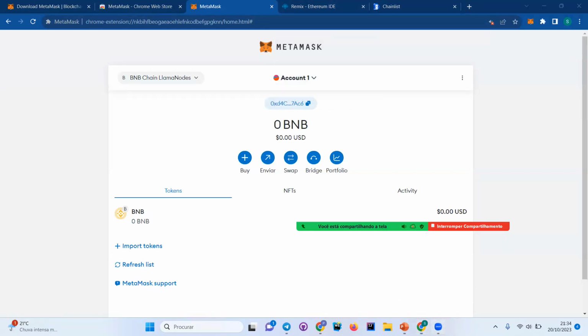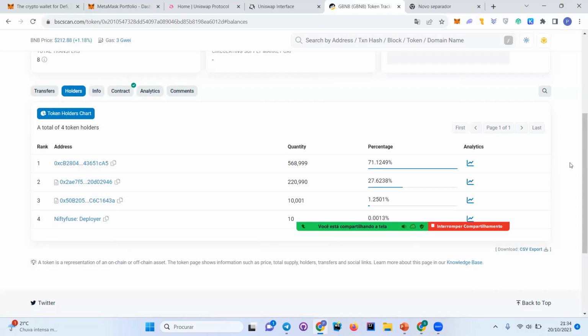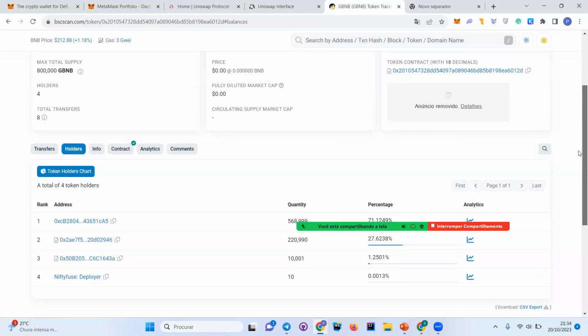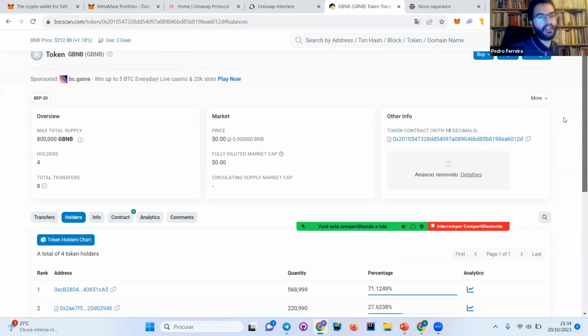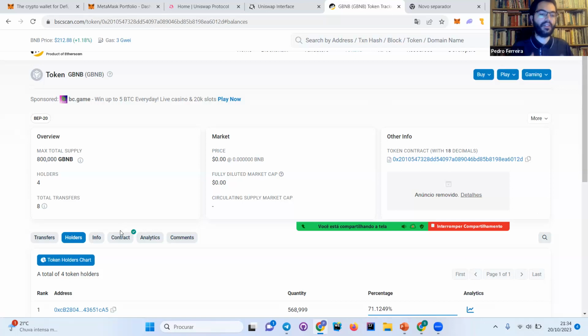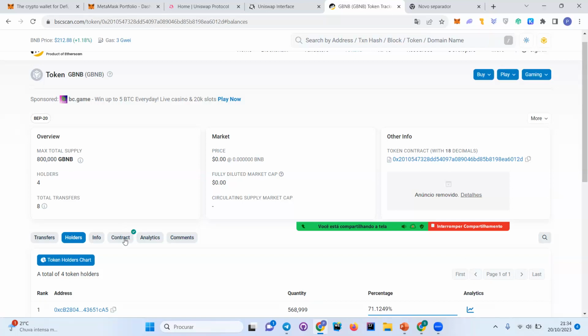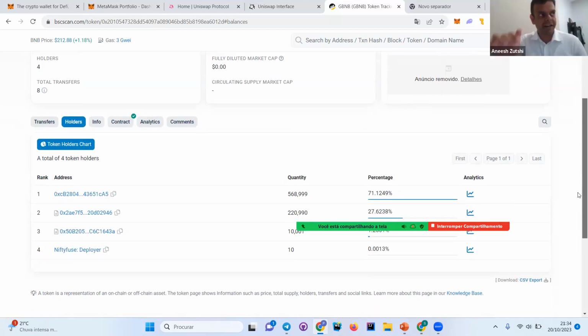Okay, so each one represents a different currency, let's say. Exactly. Inside of each blockchain, you then have other assets that are the minted tokens. Exactly.